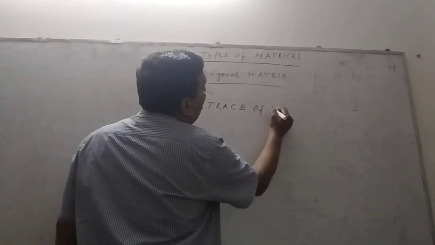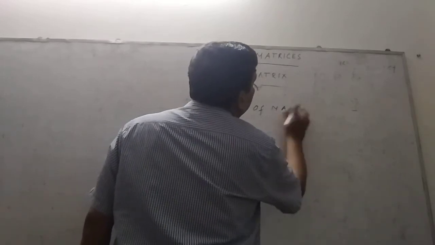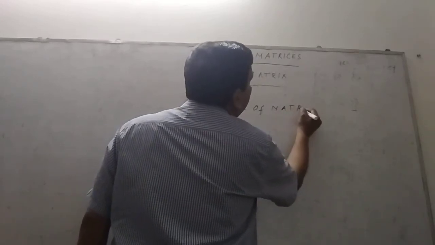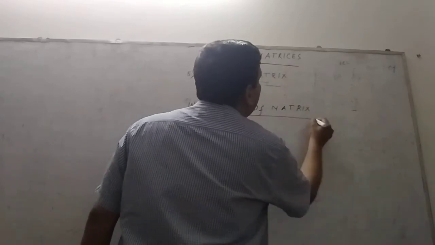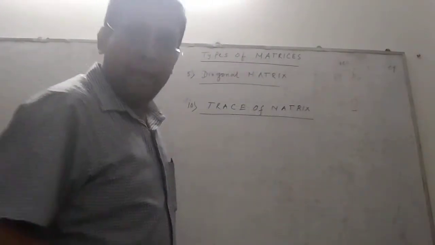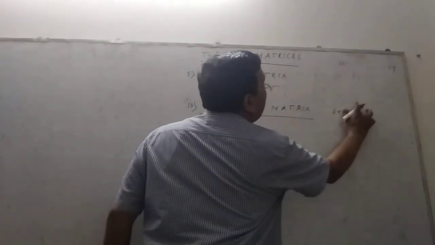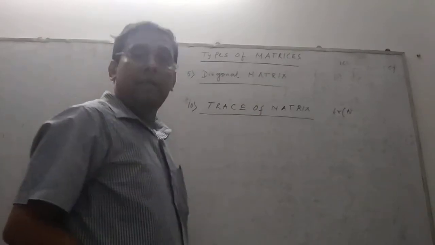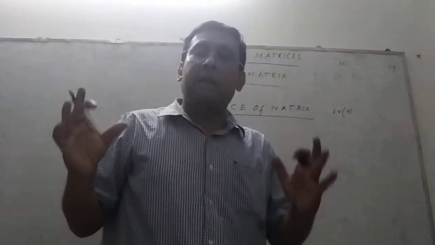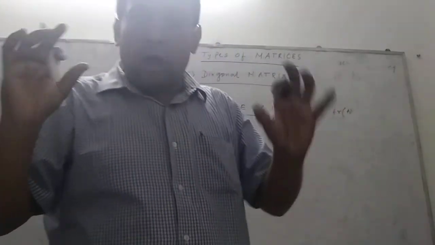Trace of a matrix. Generally, we define it as: find the TR of A. The sum of the elements of the primary diagonal is called the trace of the matrix.